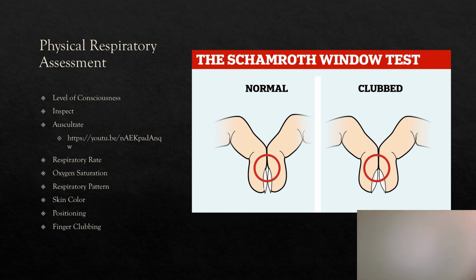Increased levels of carbon dioxide or lower levels of oxygen in the blood can cause an increase in that respiratory rate. And a change in the respiratory rate can indicate a change in the client's condition. But remember to always look at the other vital signs and assessment data before you begin coming to some conclusions.